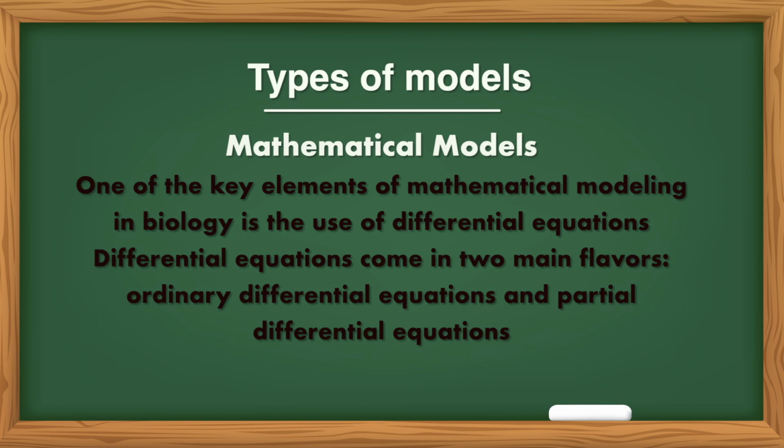Now, let me walk you through a very small introduction to examples of ordinary differential equations in the field of biology. Differential equations come in two main categories: ordinary differential equations, also abbreviated as ODEs, and partial differential equations, also abbreviated as PDEs. They have various applications in biological models.